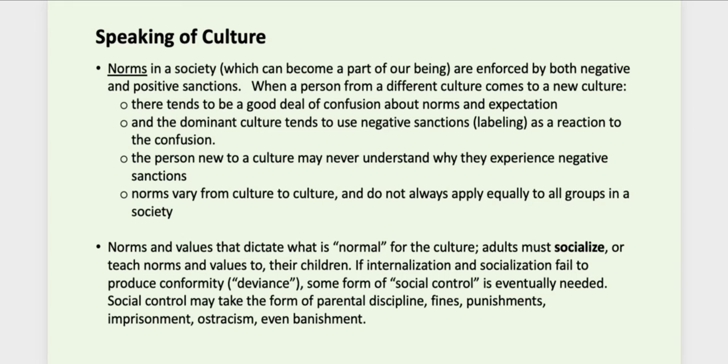So these norms and values that dictate what is normal for the culture must be taught to the younger generation. And so the adult's responsibility is to do what we call socializing, or teaching these norms and values to their children. Now, this socialization in the norms of society isn't just about what parents do.